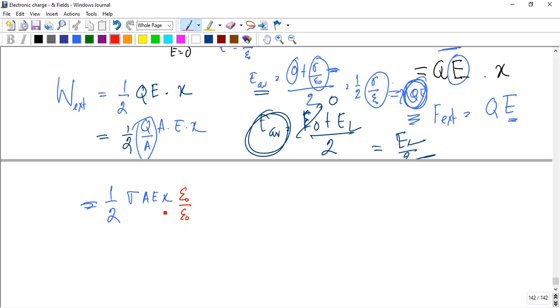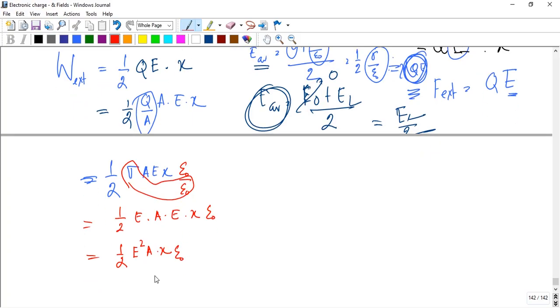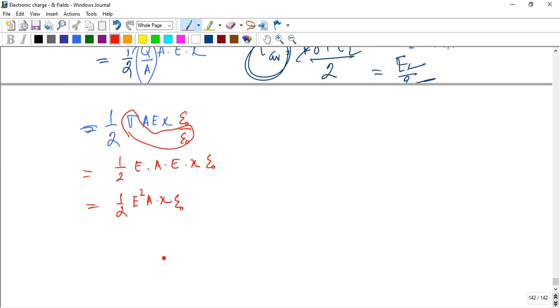So sigma over epsilon naught means E, times A times E times X, that is half of E square A X. That's the work done by the external force.